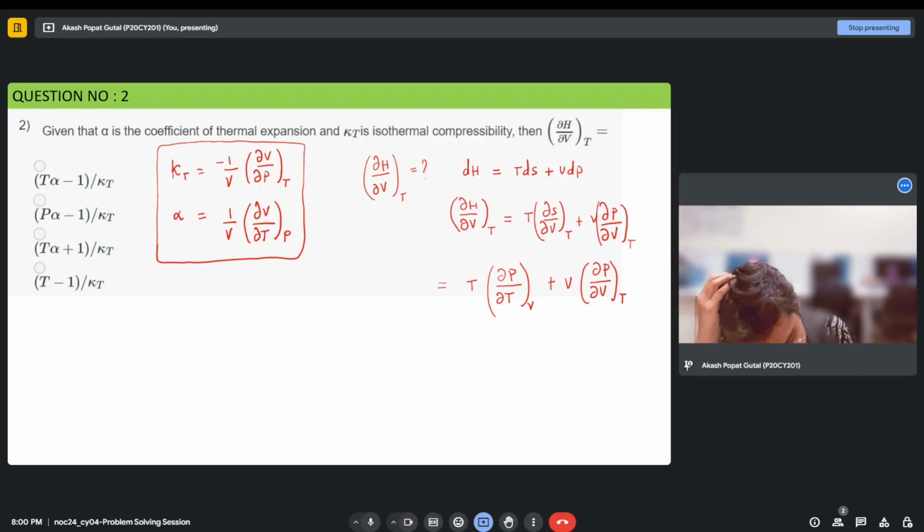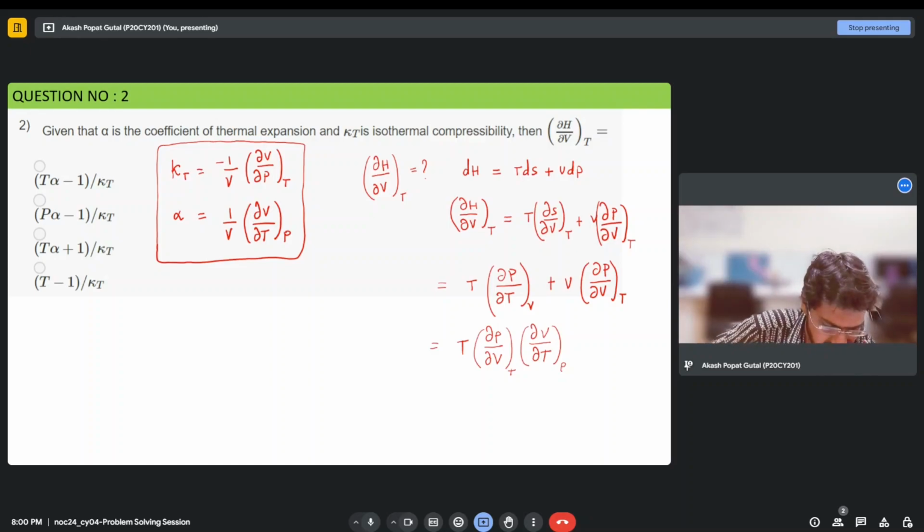So what we need to do is use the relation that del P by del T at constant V equals del P by del V at constant T times del V by del T at constant P. We are deriving this relation.